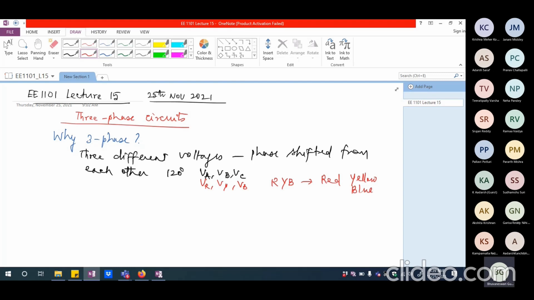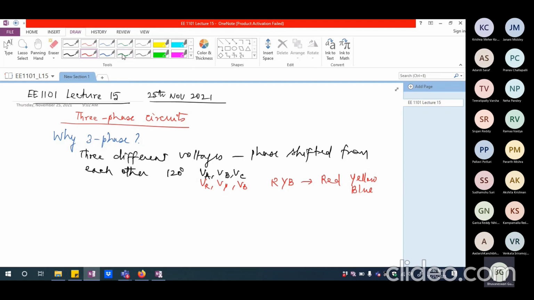So the three phases are always wired with red color, yellow color and blue color. And the ground wire is generally green. Okay. And if there is a neutral, sometimes there will be a black, because neutral and ground could be different in some places. So the neutral will be black and the ground will be green. That is the way normally it is all wired.